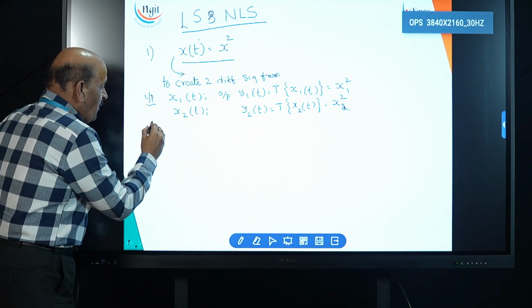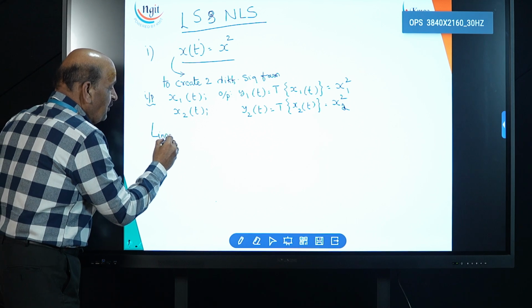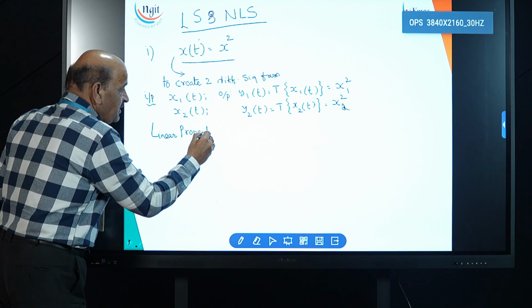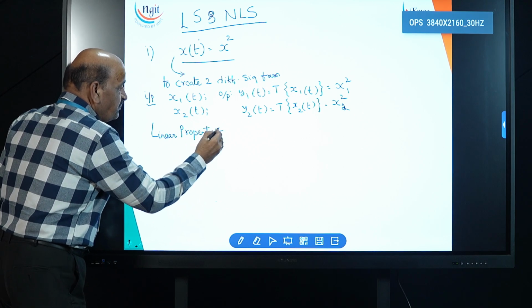Now just look at, what is the linear property? We have to verify the linear property.